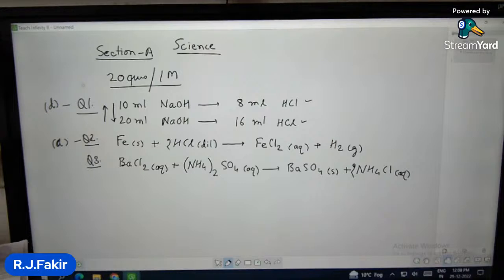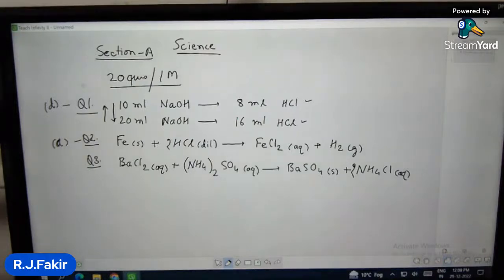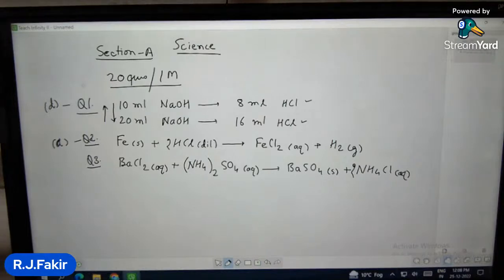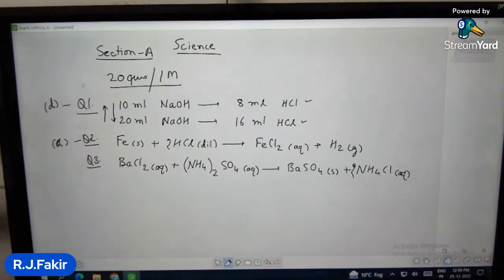If you are able to remember this reaction, you can easily answer this question. Barium chloride on reacting with ammonium sulfate forms barium sulfate and ammonium chloride. Which of the following correctly represents the type of the reaction? Displacement, combination, precipitation, double displacement.